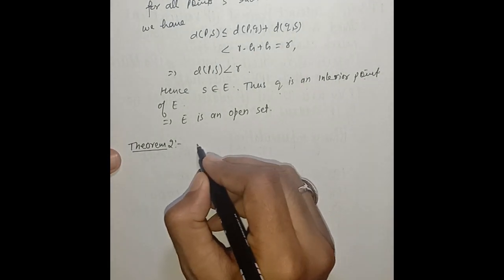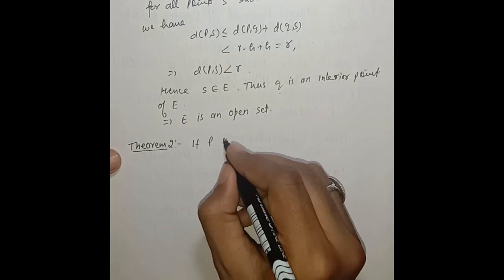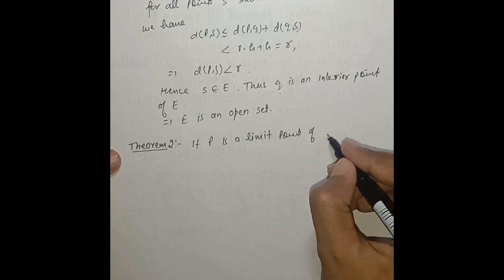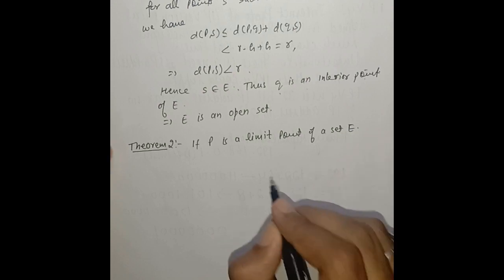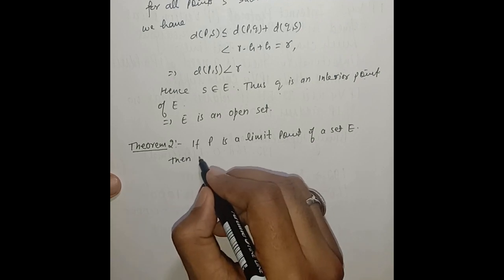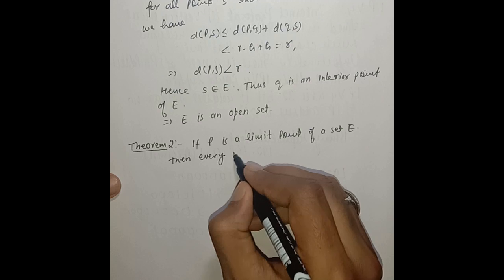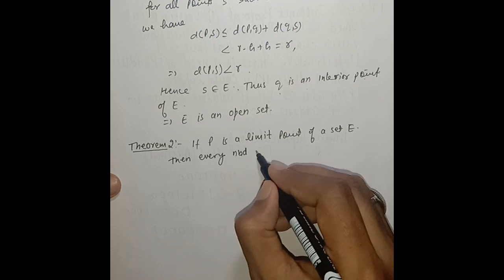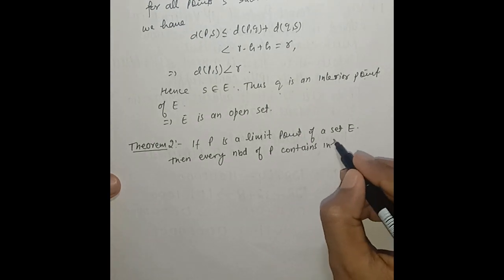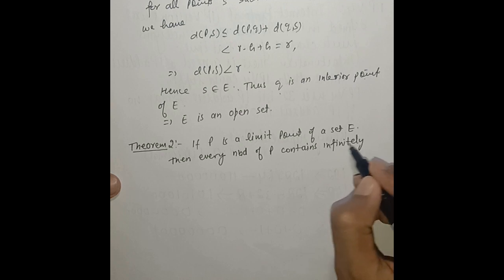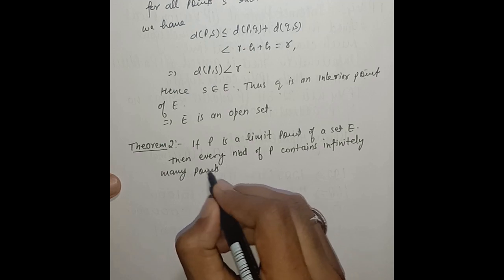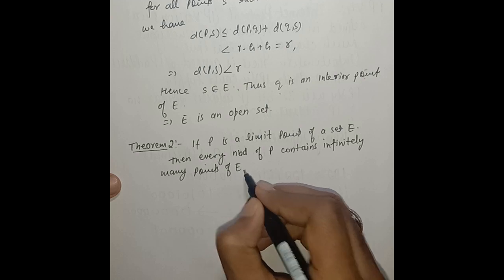And the statement is, if P is a limit point of a set E, then every neighborhood of P contains infinitely many points of E.